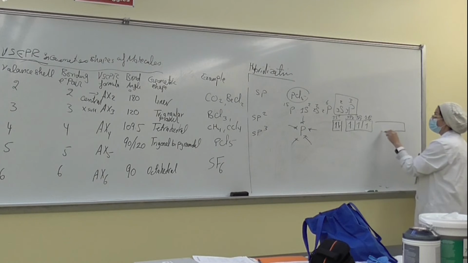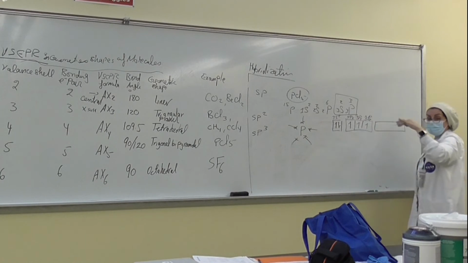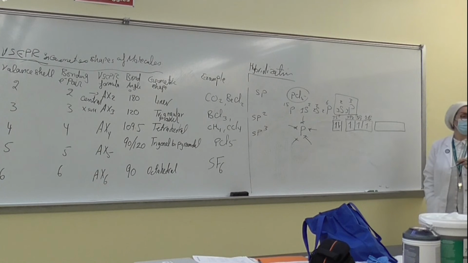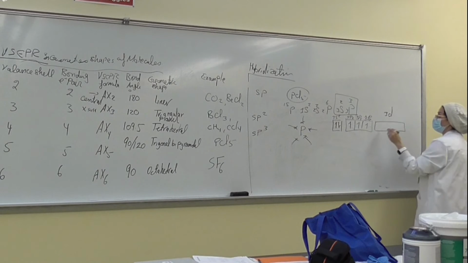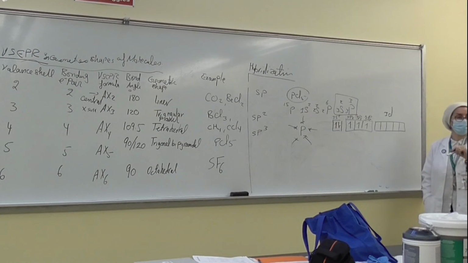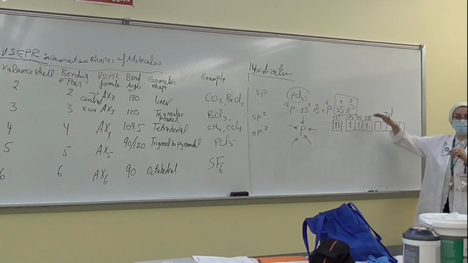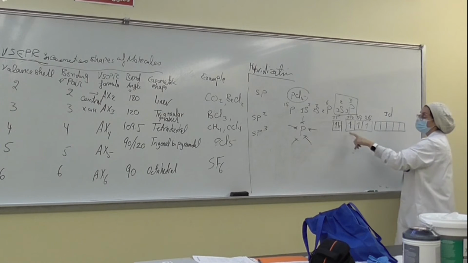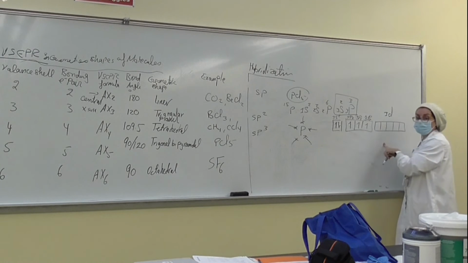Now we know in the third level, what do we have? We also have a d type of subshell, right? Yeah. So we have 3d that has how many orbitals? 5 orbitals, okay? Within the same level, remember n1, n2, n3, n4. So in n3, I have 3s, 3p, and 3d.